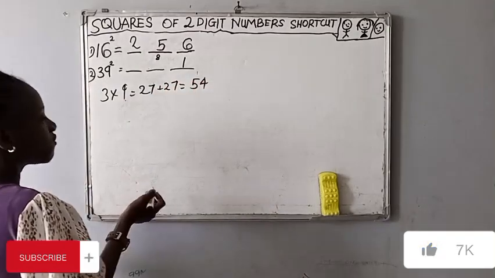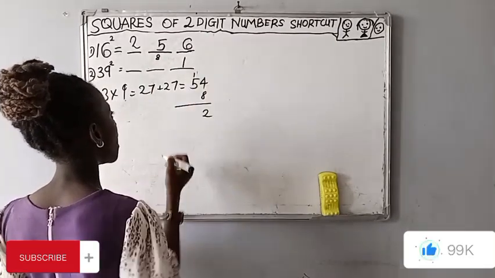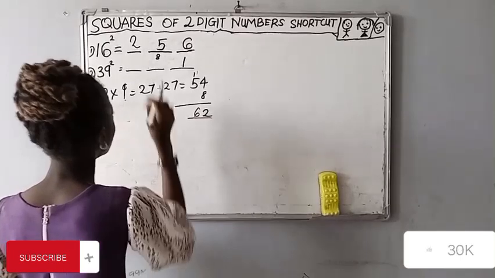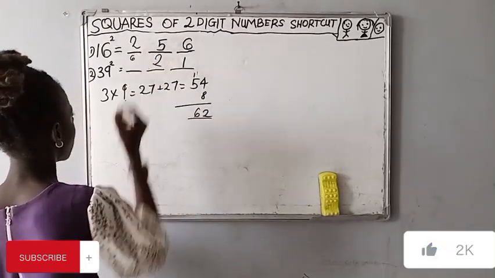Then now 54 plus 8 is what? 62. So we write a 2 and carry 6 over.